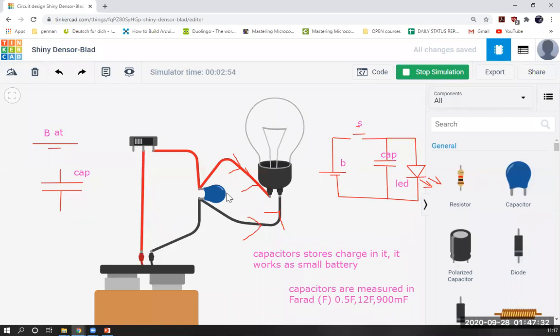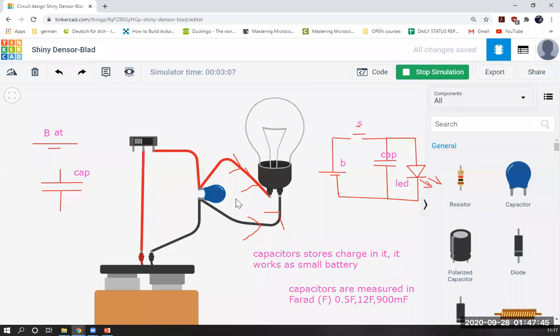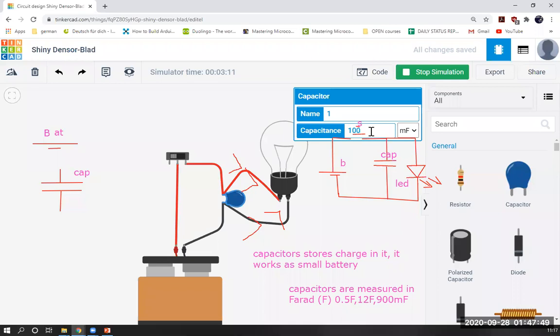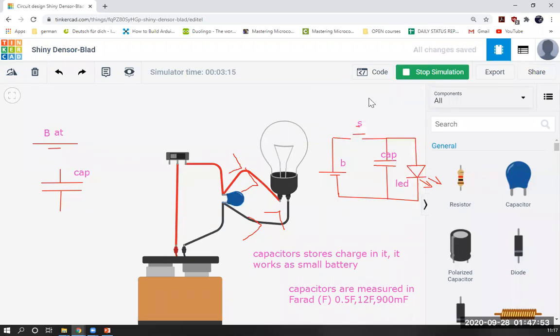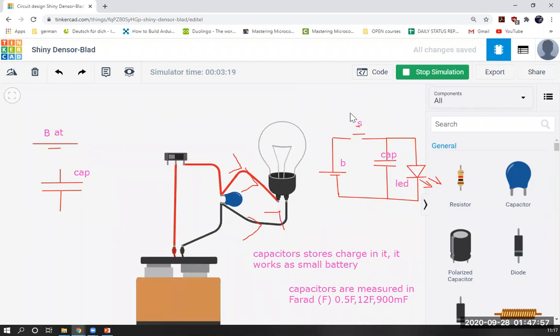Okay, if your bulb is not glowing, go here and use this value, 100 millifarad, mF. Use this value, okay, then it will be identical for all of us.